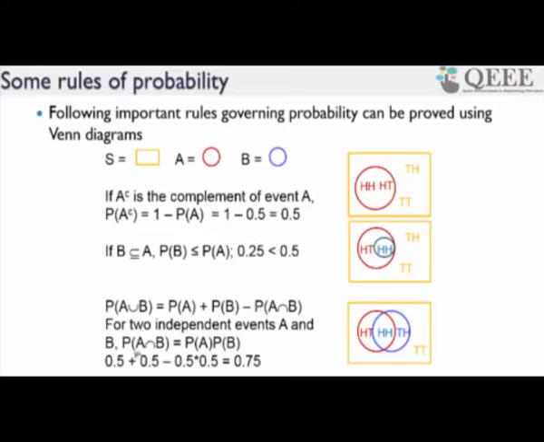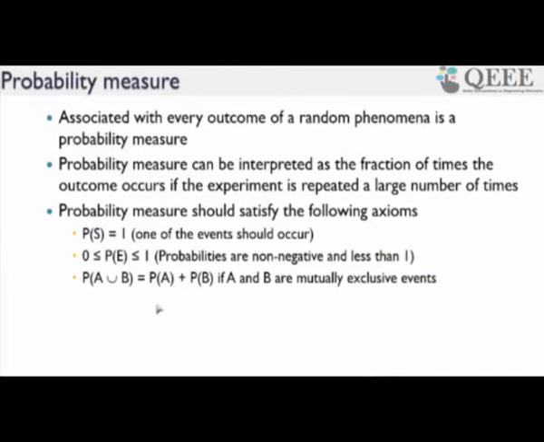And if A and B are mutually exclusive, A and B cannot occur together, so probability of A intersection B will be 0. And we saw in the previous slide that probability of A union B equals probability of A plus probability of B if A and B are mutually exclusive events.